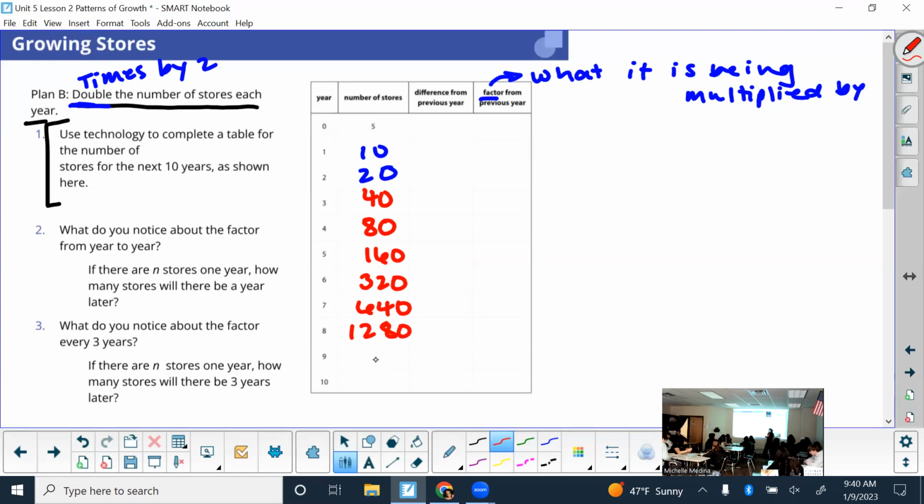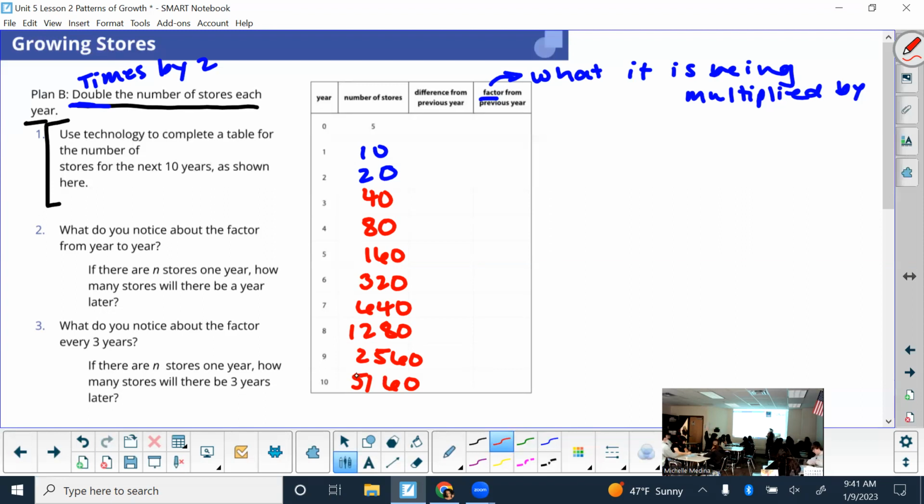If it's doubling each year, what will I have in year 9? All right, and then table 2 in year 10, we would have 5,160.